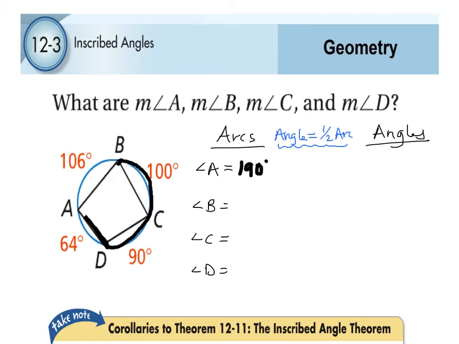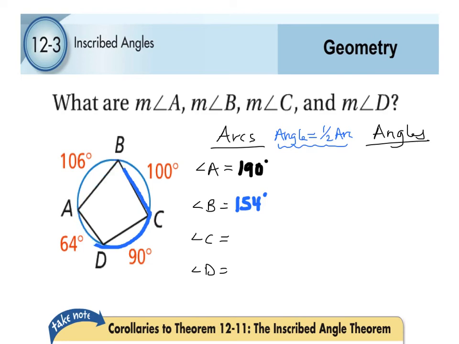So I know the arc that goes with angle A is 190. Now, let's go to angle B. Angle B is right here. As I follow B, this is the arc for B. I find that B is 90 and 64 together, which is 154 degrees.